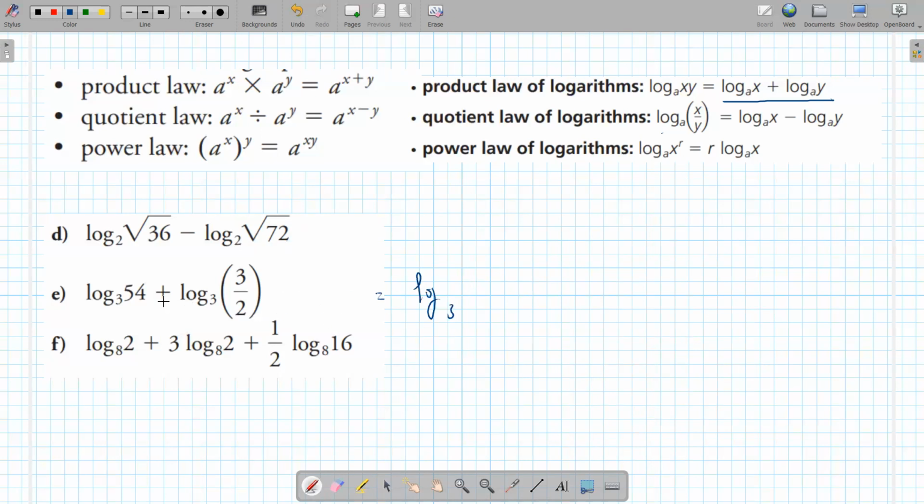54 times 3 over 2. There's a plus. Plus means times. 2 goes into 54 27 times. 27 times 3 is 81. So what's the answer to this question? What's log base 3 of 81?